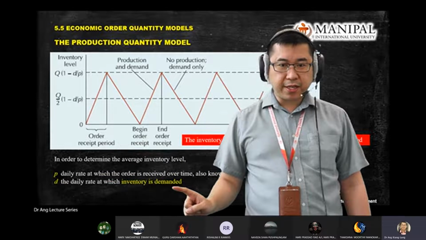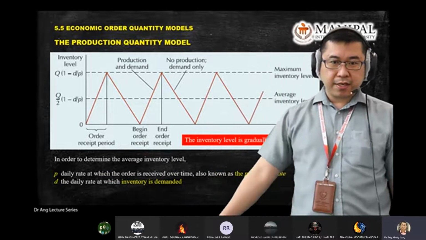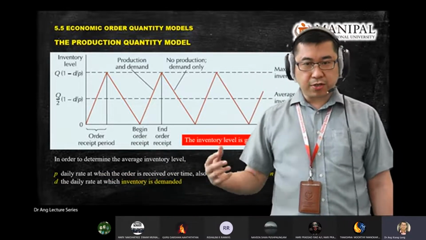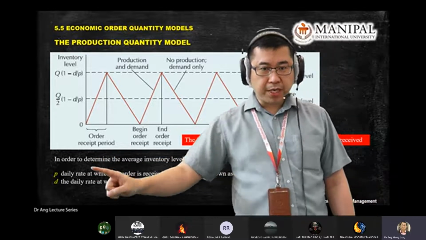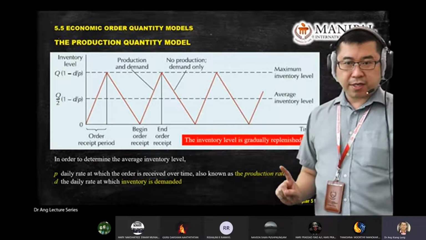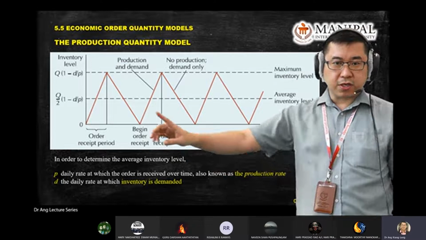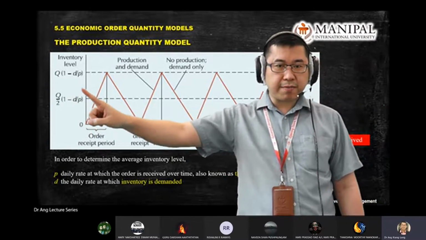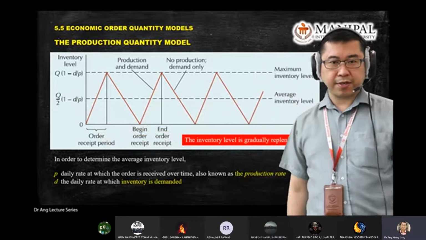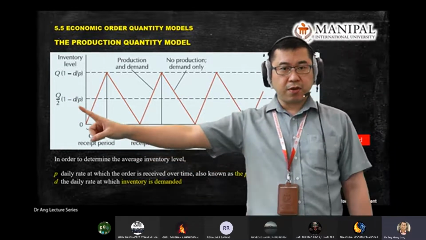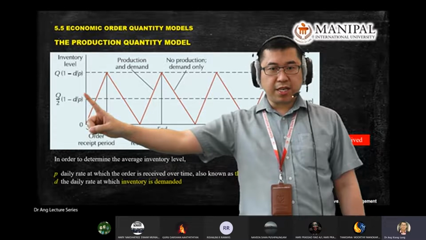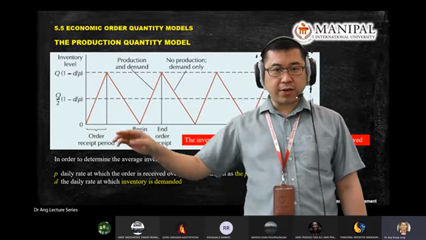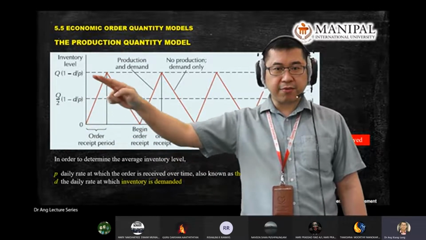D is inventory demand. So what is your demand? P is production, your production rate. So the ratio is demand divided by production. It's 1 minus D divided by P to calculate the inventory level.